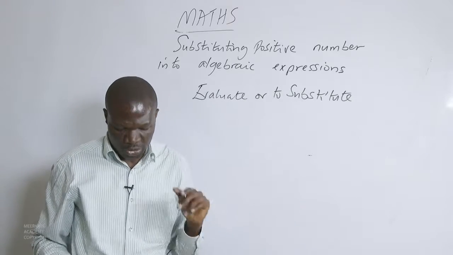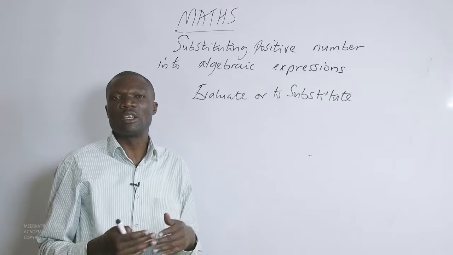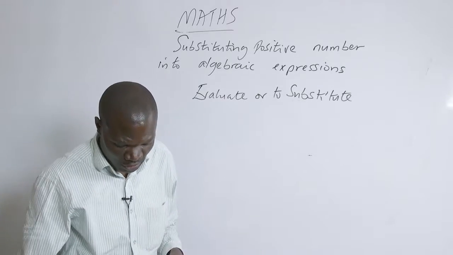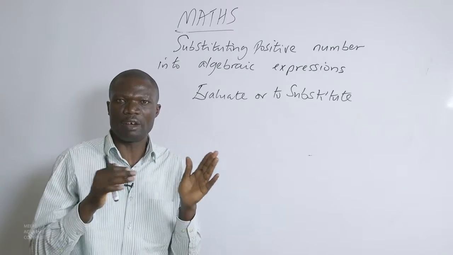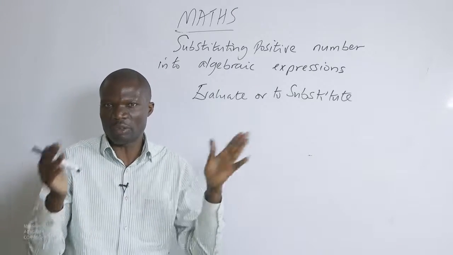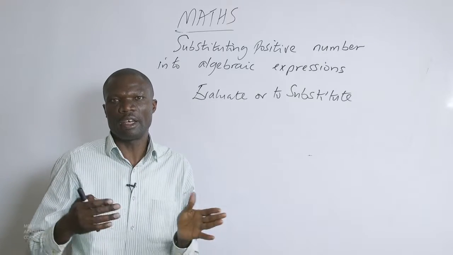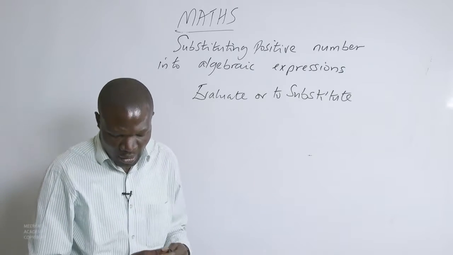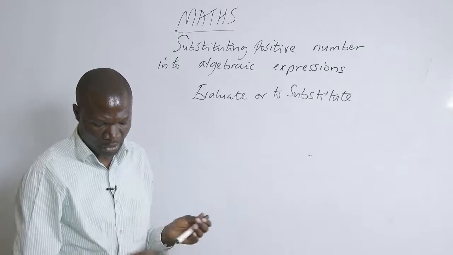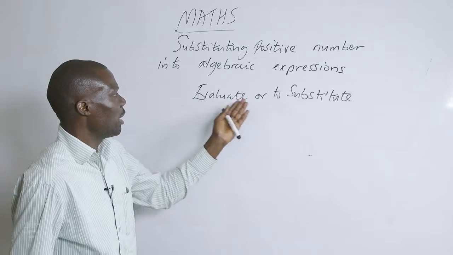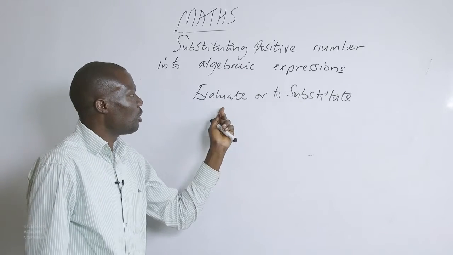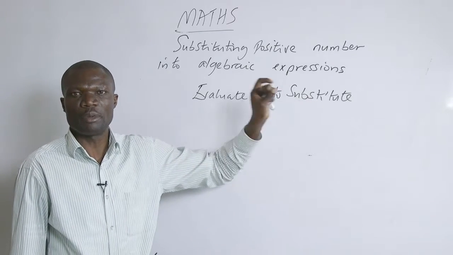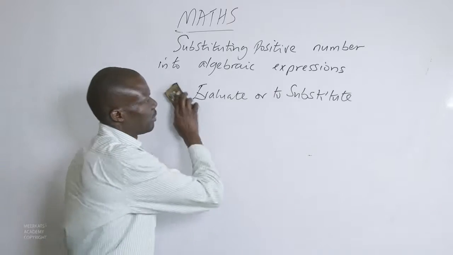To evaluate or to substitute values simply means to replace the pronumerals in an expression, that is the letters or the variables, with the exact values that we've been given. Now, I want us to look at this example, and then we see how we evaluate. Remember, to substitute or to evaluate in this case is to replace the pronumerals with numbers.